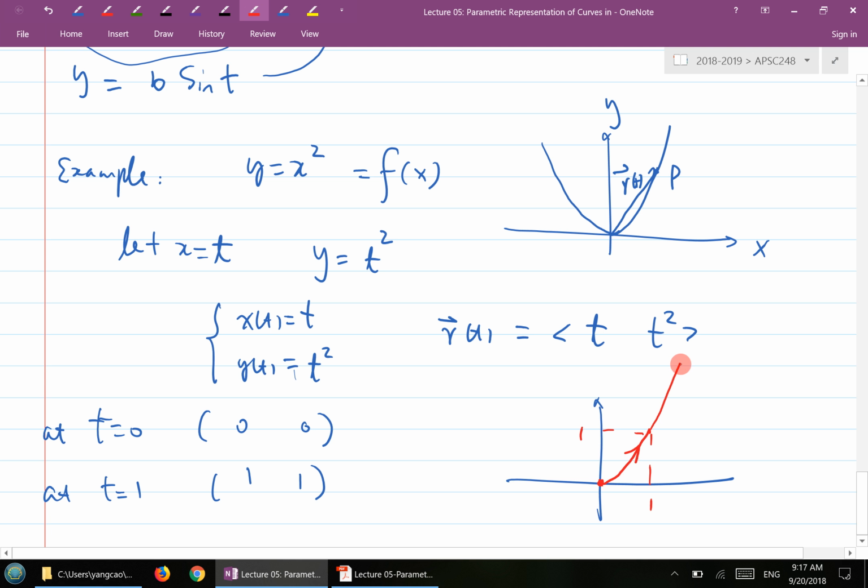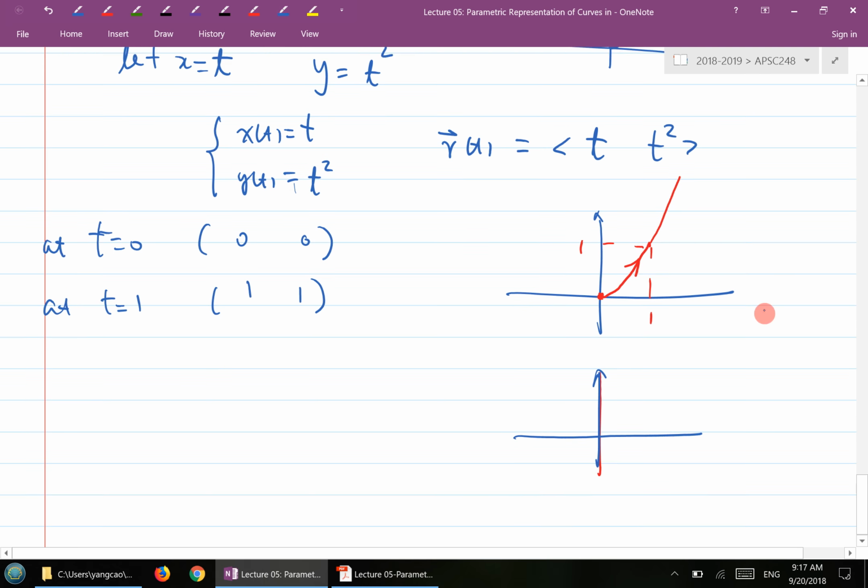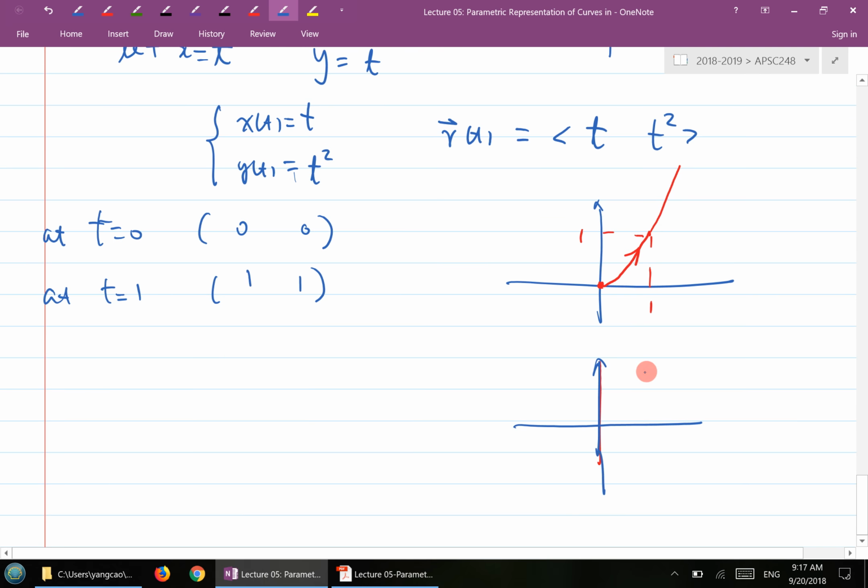That makes sense? Now, how about if I want it differently? What if I want you to find a parametric equation that describes the motion this way: it starts from here and then ends up here.